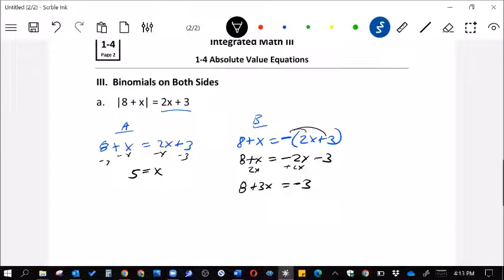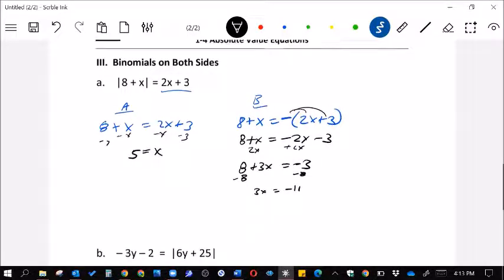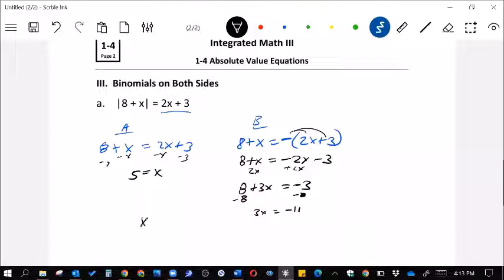Go a little bit slower, more steps just to be safe here. Negative 8. So 3x is equal to negative 11. Nothing wrong with that. Looks like we're going to get 2 answers, and one's going to be negative 11 over 3 and 5.